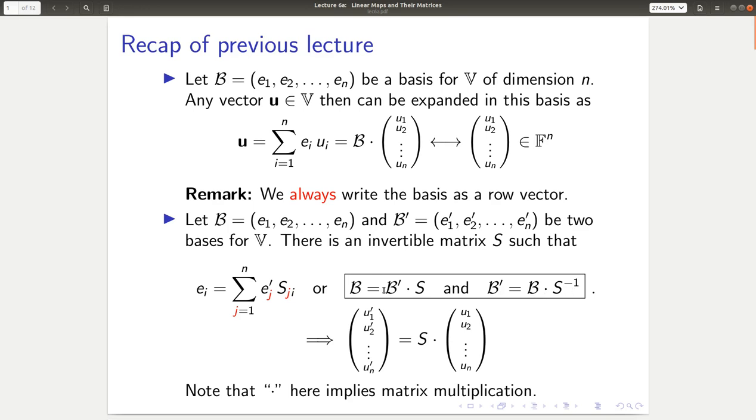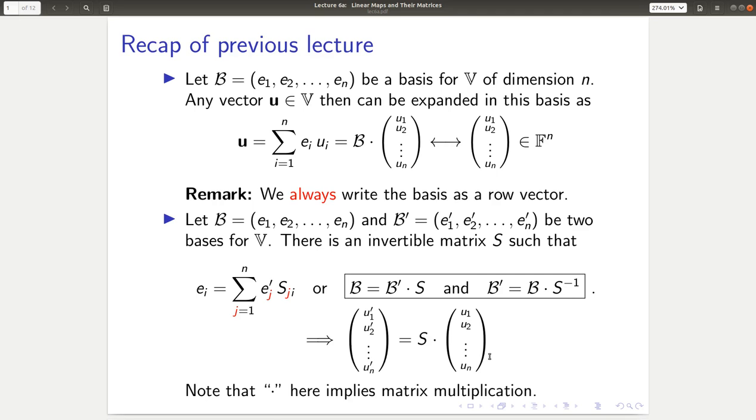It also tells you that you can go back and forth. S and S inverse should both exist, and that is the invertibility condition. And then you can show that u prime will be S times this column vector. Okay, and in an overuse of notation, we'll use a dot to indicate matrix multiplication.